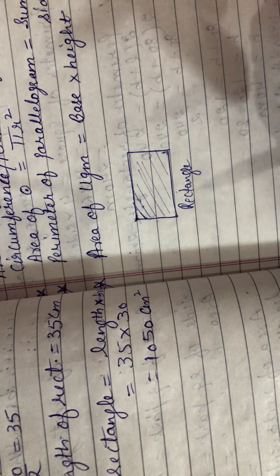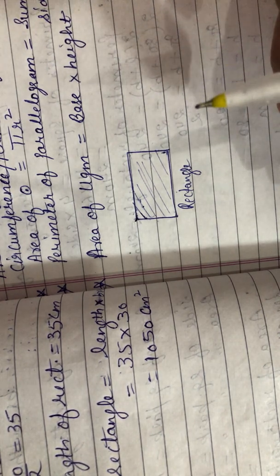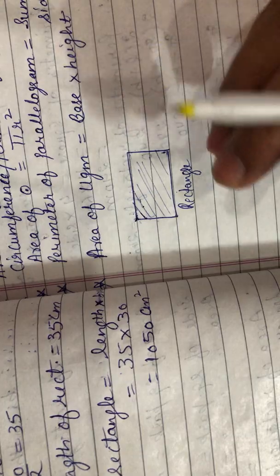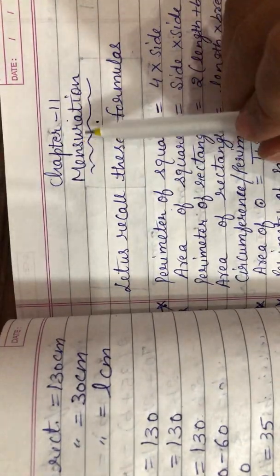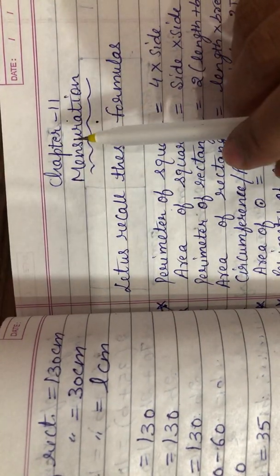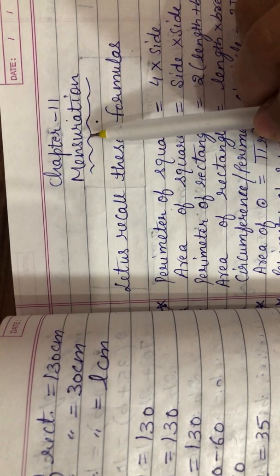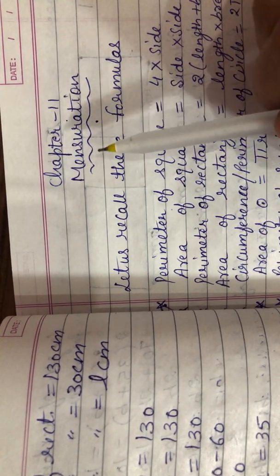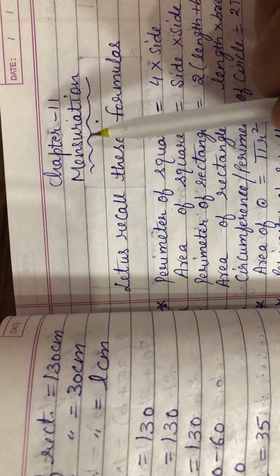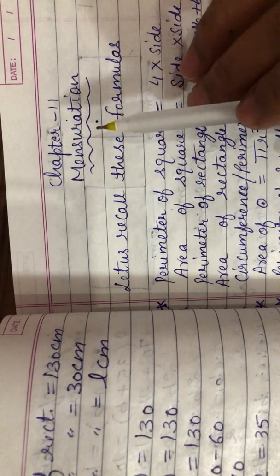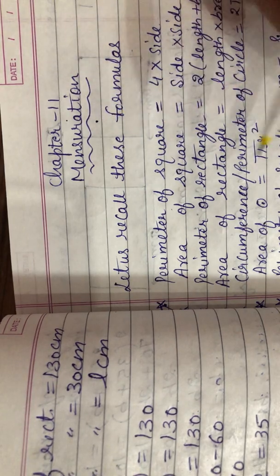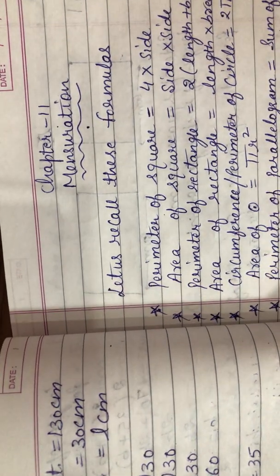And we will also learn about surface area and volume of solids such as cube, cuboid and cylinder. So basically mensuration covers all the shapes, 2D as well as 3D. Mensuration is the perimeter and area of 2D shapes and surface area and volumes of 3D shapes. So we'll be dealing with these topics in this chapter.